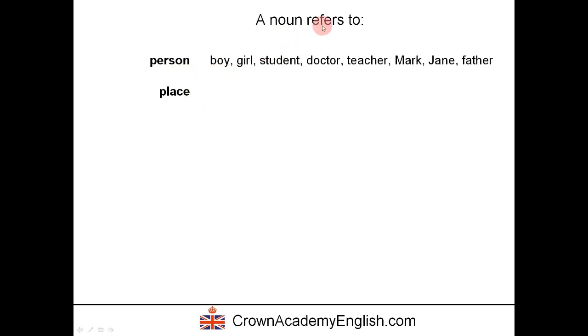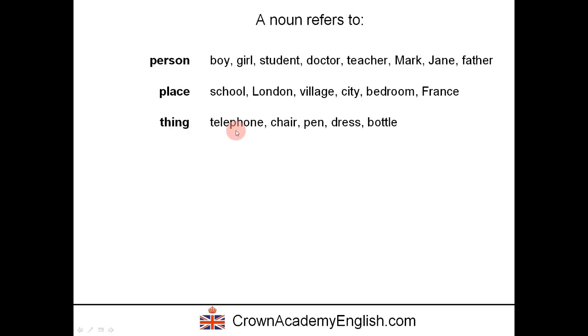We can also have a noun referring to a place: school, London, village, city, bedroom, France. Or a thing, or an object. Example: telephone, chair, pen, dress, bottle. Or an event: a concert, party, conference, meeting, lesson.